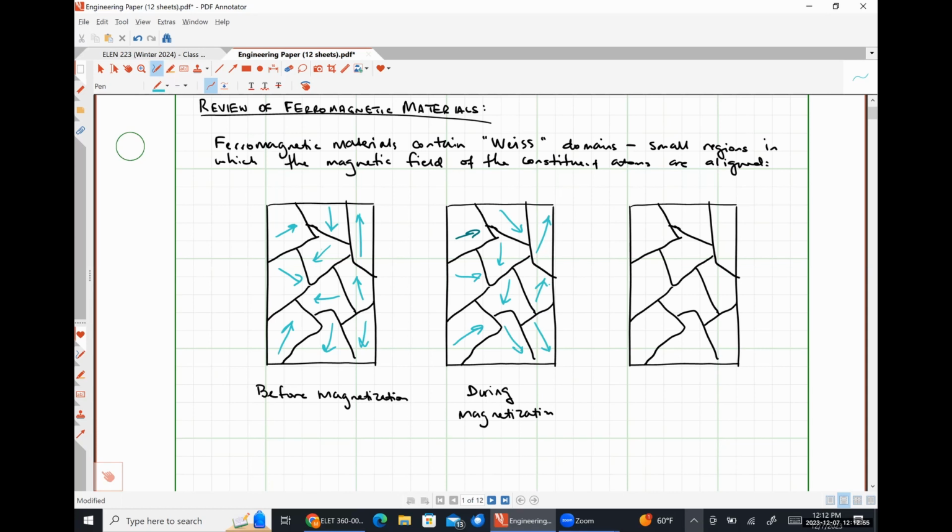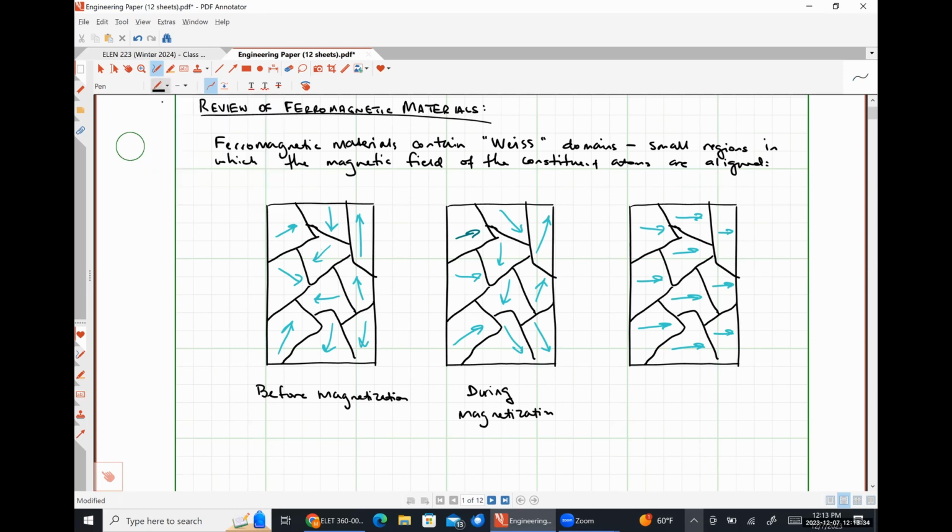If we increase the amount of current passing through our coil and causing more flux to flow through our crystal, what we're going to see is that our magnetic field lines in our Weiss domains align more and more with the direction of our applied magnetic field until we hit a point where everything is perfectly aligned. And let's say that we have all of our Weiss domain field lines oriented directly from left to right, right?